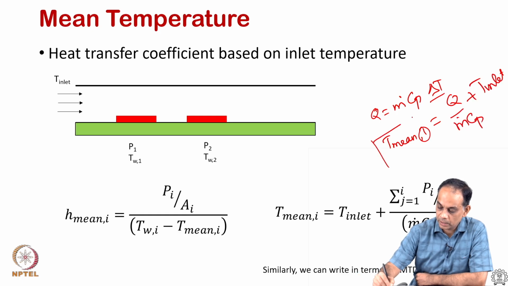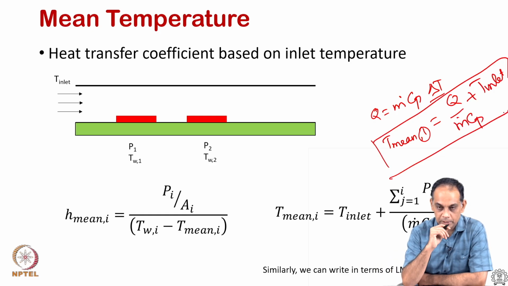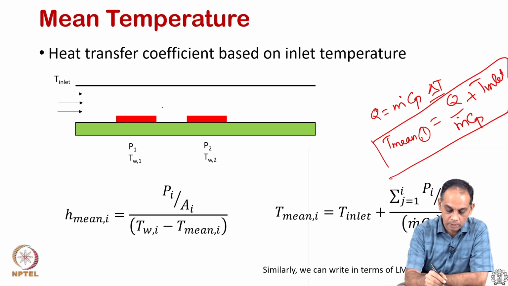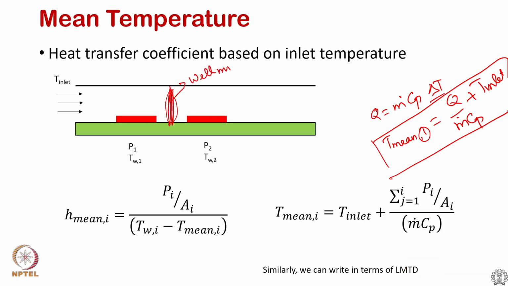What is the underlying assumption? If we refer to the meaning of bulk mean temperature, the assumption we make is that the fluid is well mixed in this area. The fluid is well mixed.